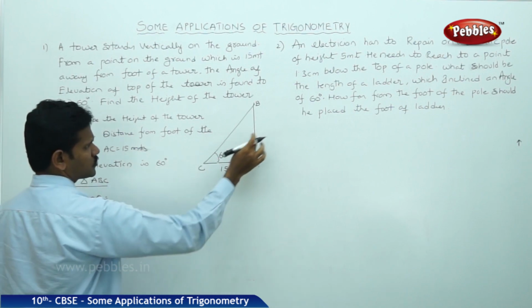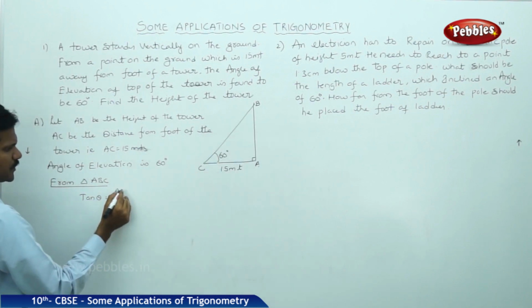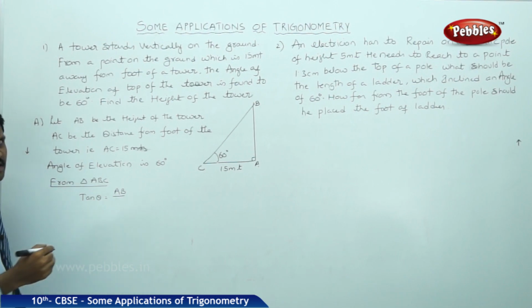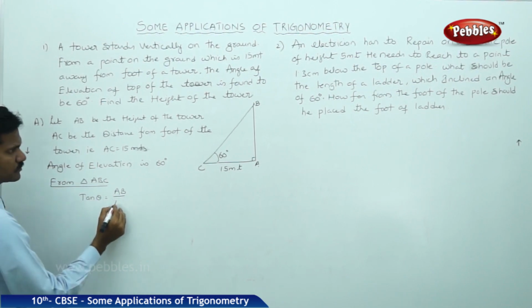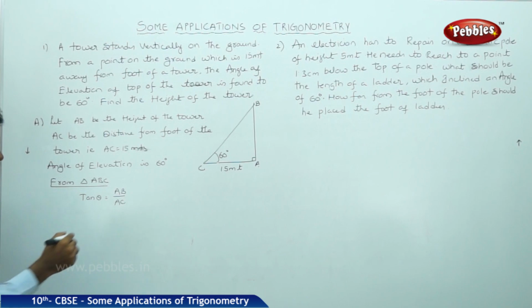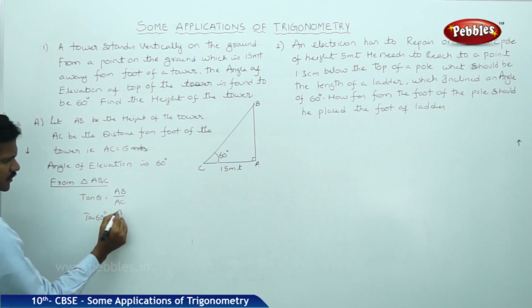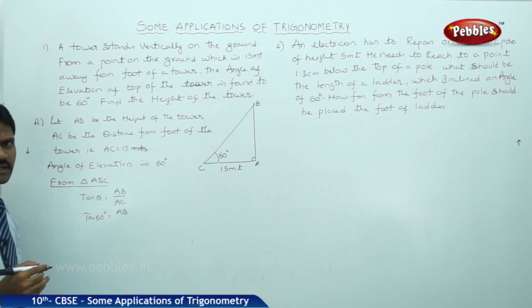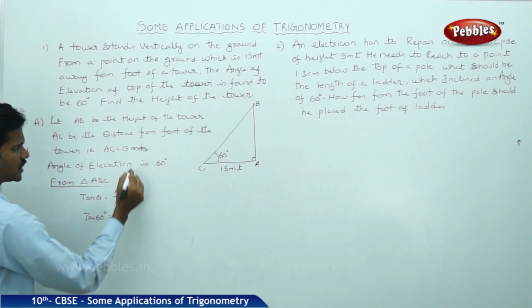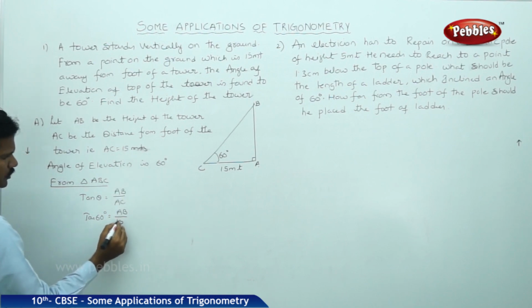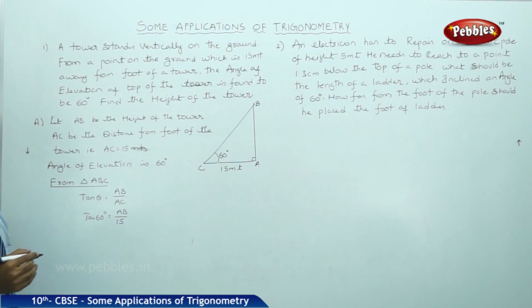Now the opposite side to 60 degrees is AB and the adjacent side is AC. That is, tan 60 degrees is equal to AB, the height of the tower which we have to find, by AC equal to 15 meters.